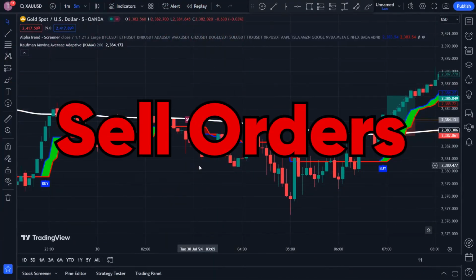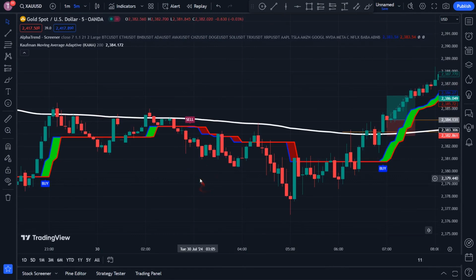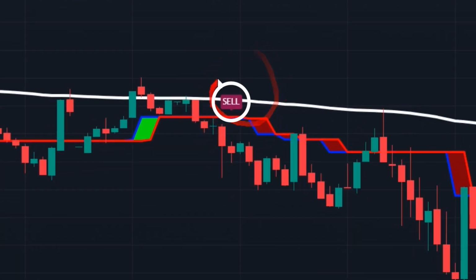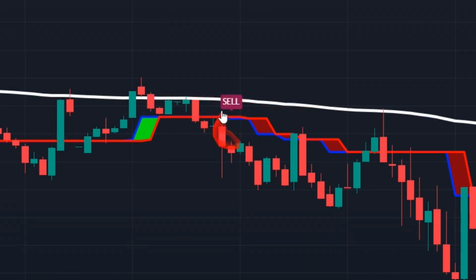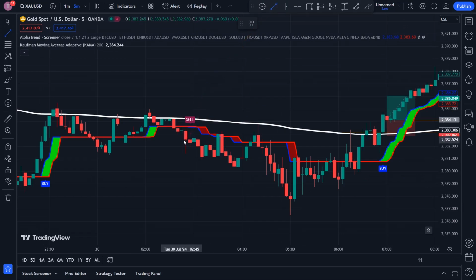For sell orders, we need to do the opposite of buy orders. That means first we need to look for a sell signal, which we can see on the chart. The next step is to make sure that we are in a downtrend and all the candles at these points are below the moving average line. If these two conditions are met, we realize that we have found the right entry point for the trade.